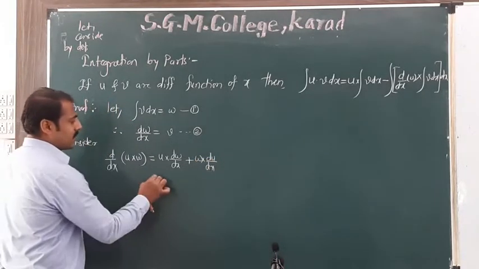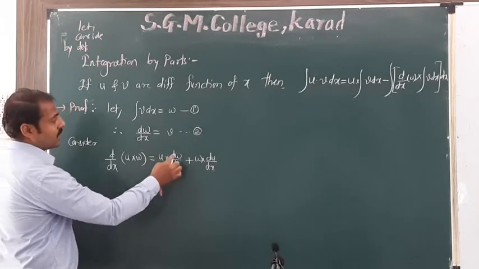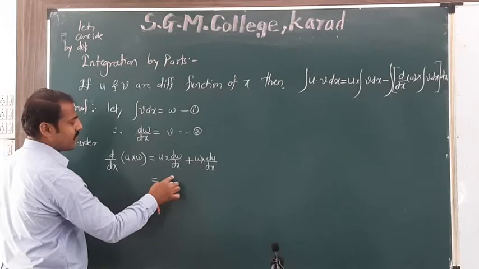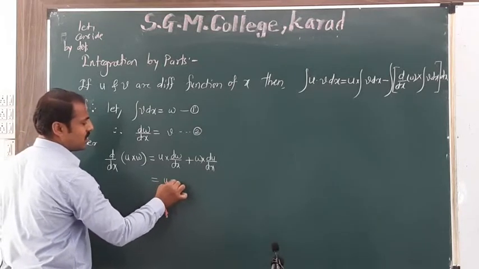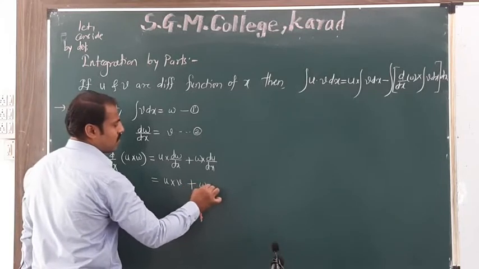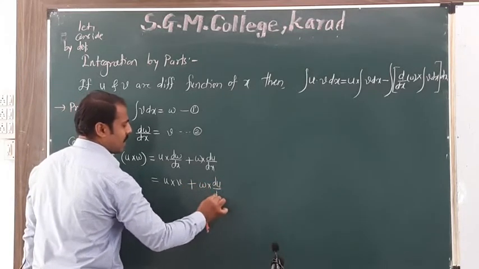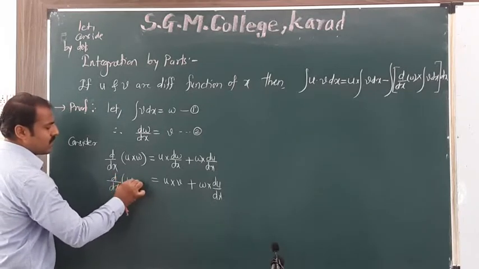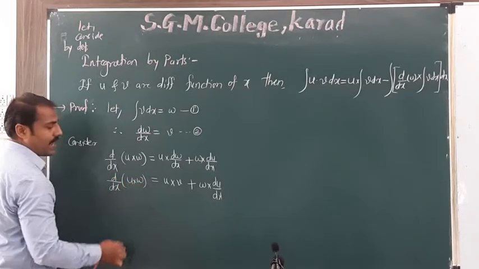But from equation second we write dw by dx as v, so it becomes u into v plus w into du by dx. Here in the LHS, d dx of u into w.